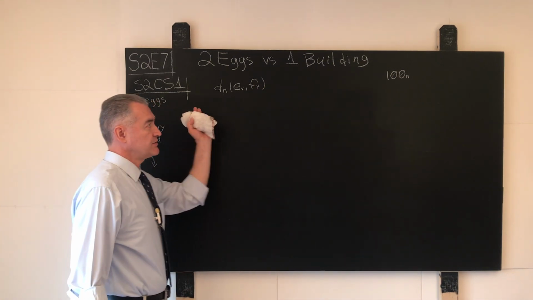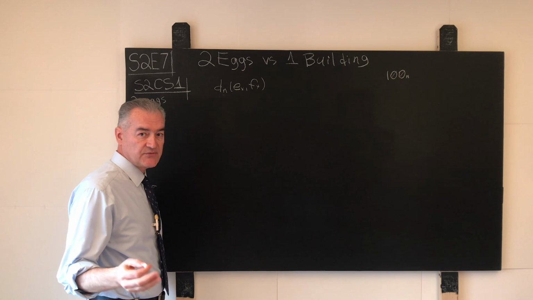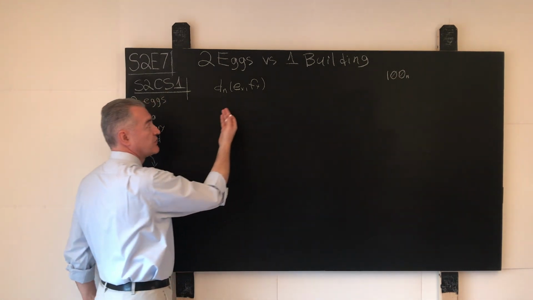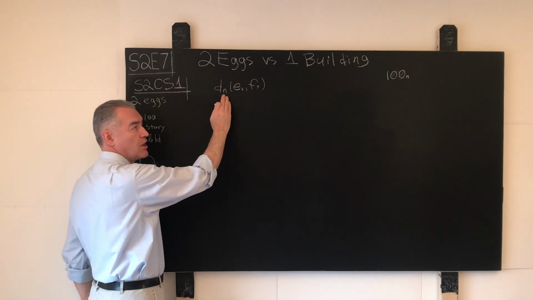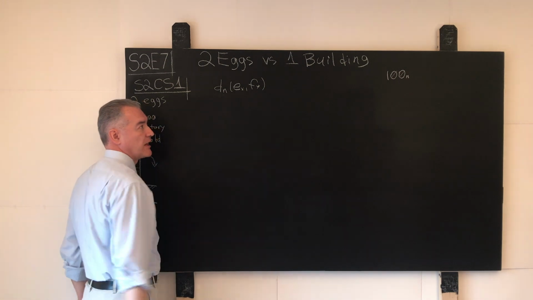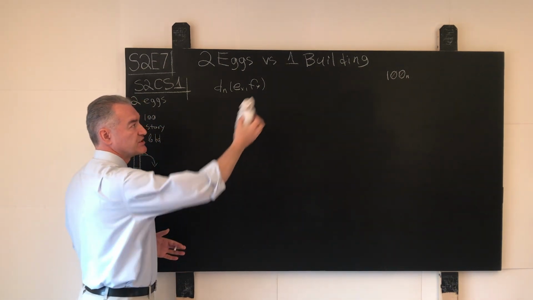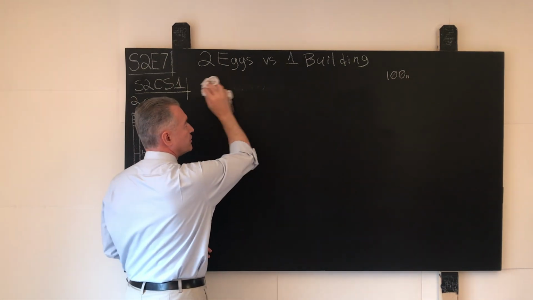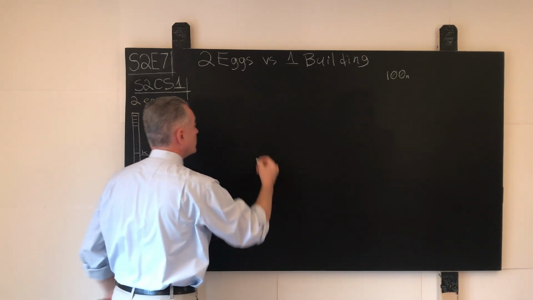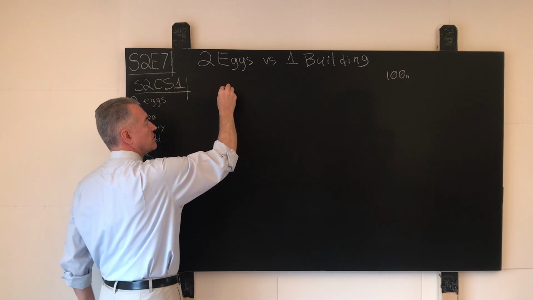Again, this string of symbols can be deciphered quite straightforwardly. We will understand that this means the drop number n of the egg number x from the floor number y.